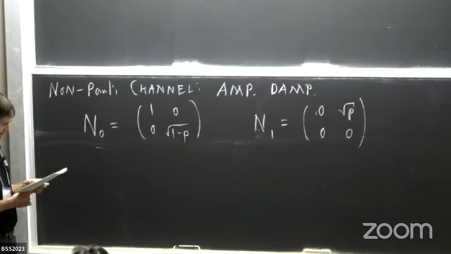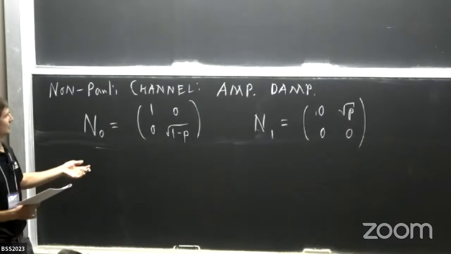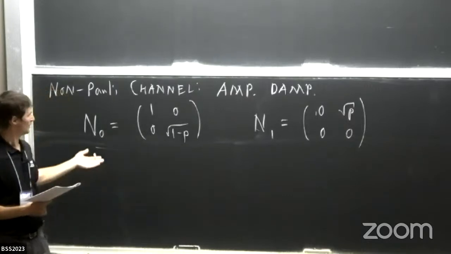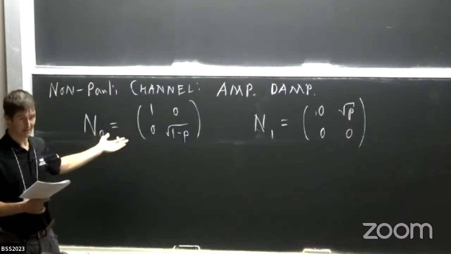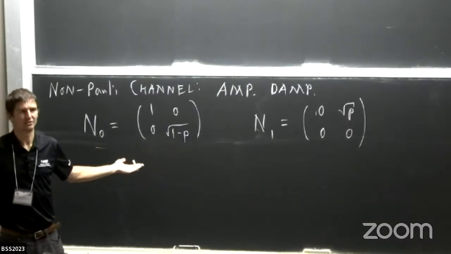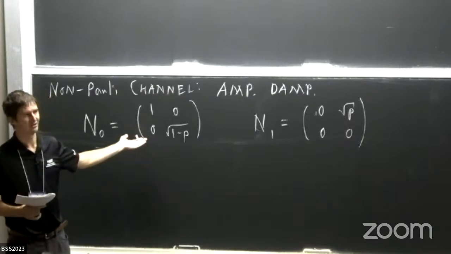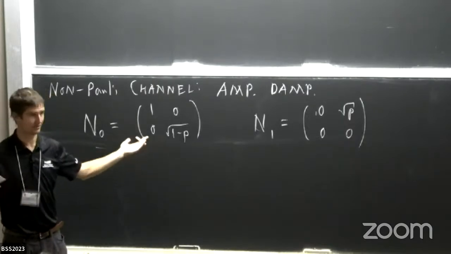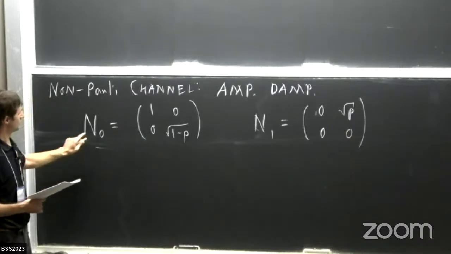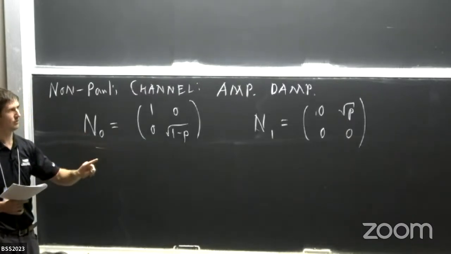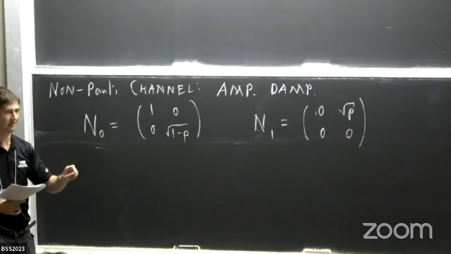So right, for this example, you might be asking yourself, well, we're going to do this with 4 qubits, by the way. We already know the 4 qubit code can detect arbitrary single qubit error, so what do we care what the channel looks like? If the channel is only acting on one of the qubits, we don't care. Well, the problem with this channel is that it has no identity Kraus operator.